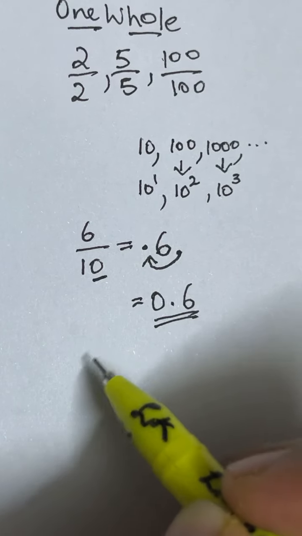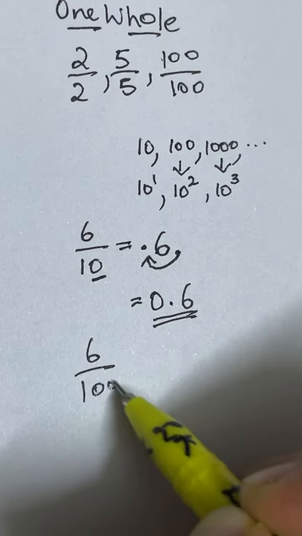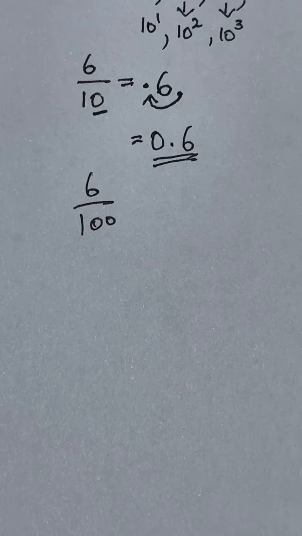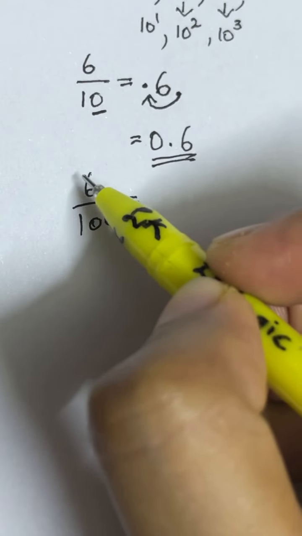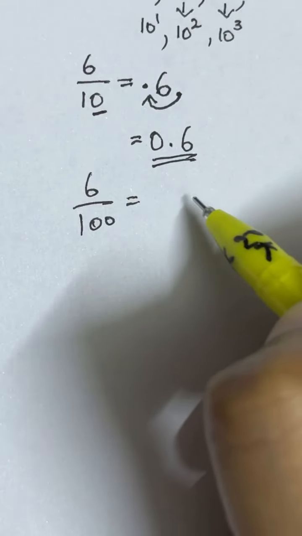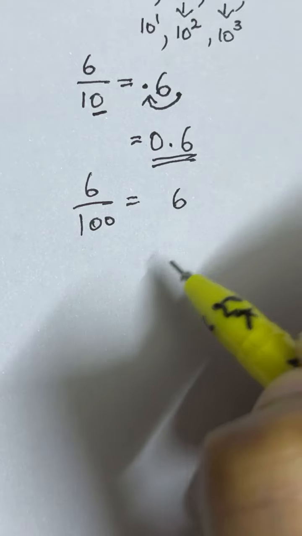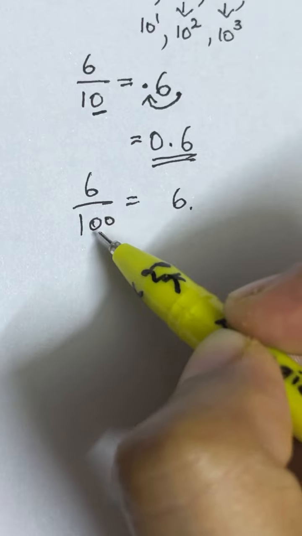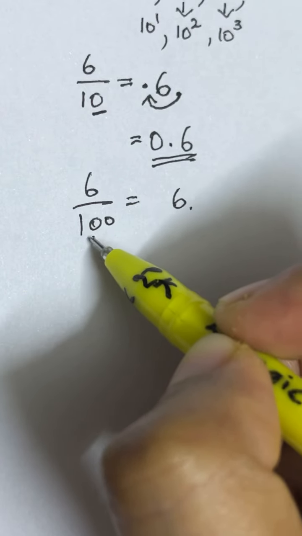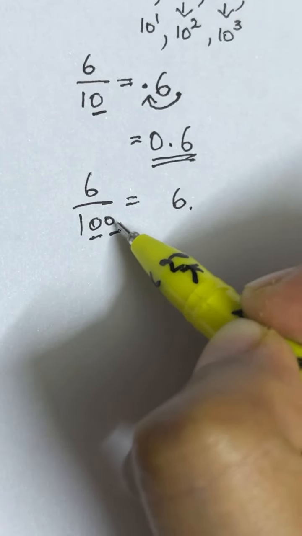Now for example, you have 6 over 100. Whatever number you have as the numerator, you write it as it is, put a decimal towards the right, and then check how many zeros are there in the denominator attached to 1. That's 2 zeros.